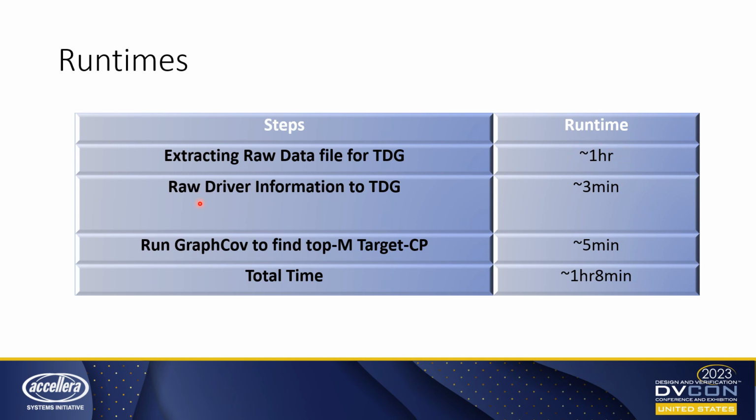And then we have a script which parses the raw driver information and the coverage data to generate the color TDG, which takes approximately 3 minutes. And once the color TDG is available, running GraphCov to find the top target CPs took us about 5 minutes. So overall, this process took about 1 hour, 8 minutes to identify the list of target CPs.